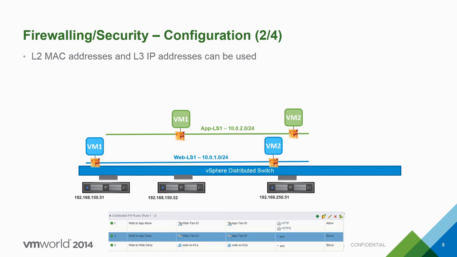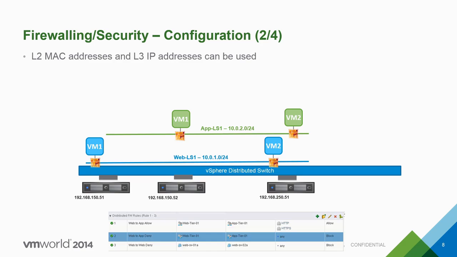So you can use MAC addresses, you can use IP addresses, but you don't have to. You can also use names. The beauty is that instead of using basic names, you can actually use any vCenter container.